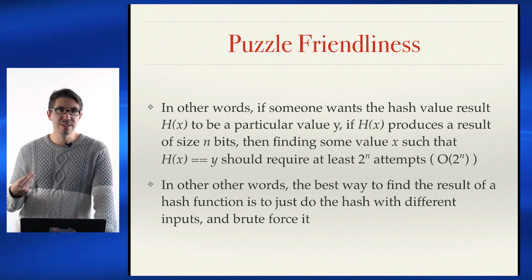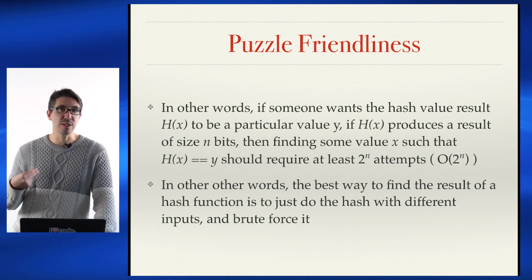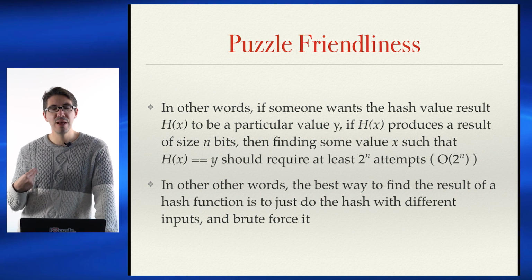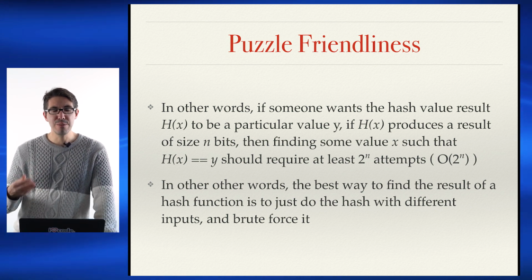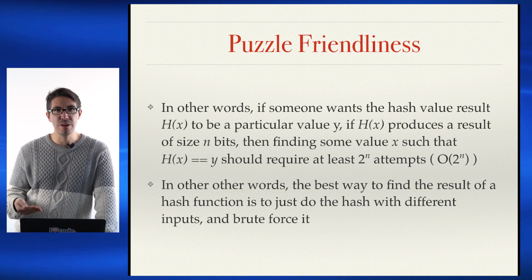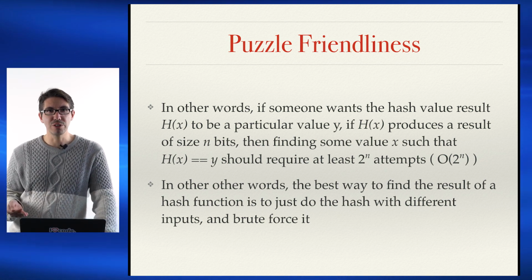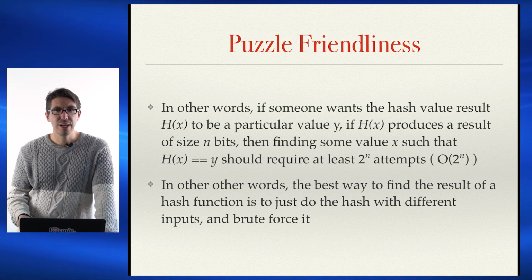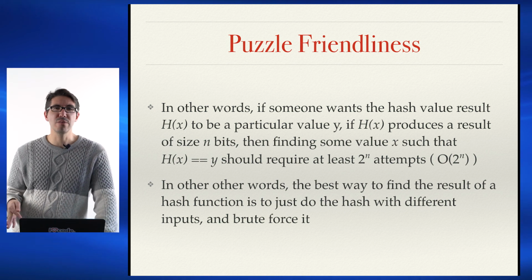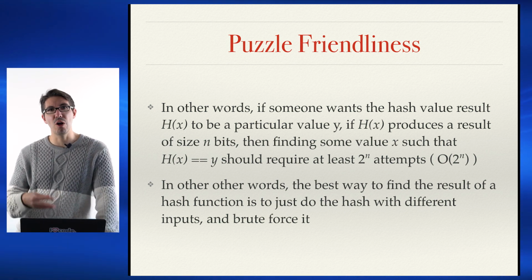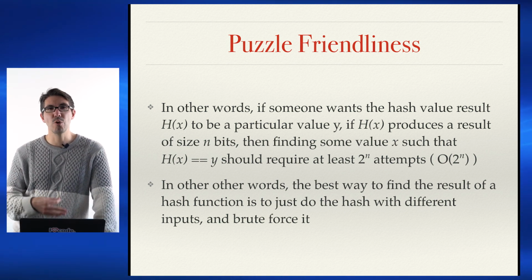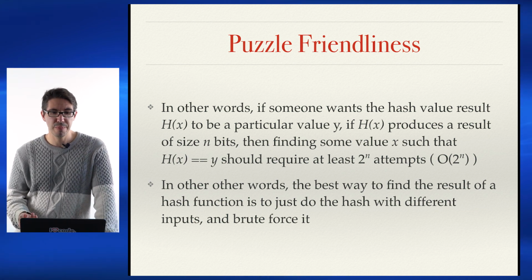So if you want to find, for example, a hash that starts with a 0, then the best way to do that is to keep trying different hash inputs, running them through the hash function, and seeing what results. There's no shortcut to say, oh right, if I have the letter A in my input, I'll always have a 0 at the beginning, or I'm more likely to have a 0 at the beginning.